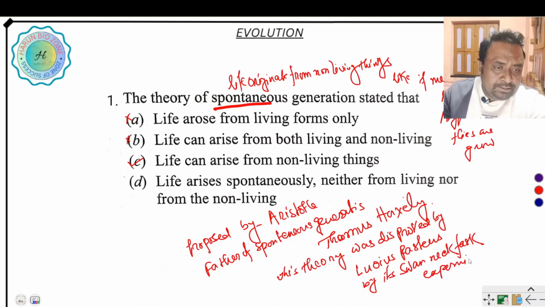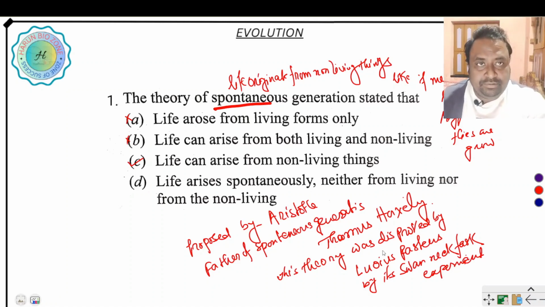Louis Pasteur says life originates from pre-existing life. That theory is called the theory of biogenesis. So here the right answer is C.